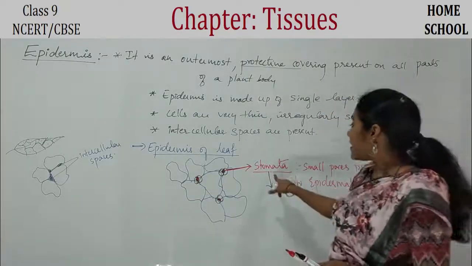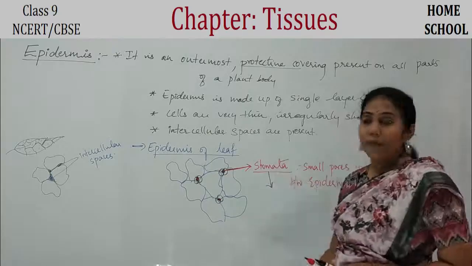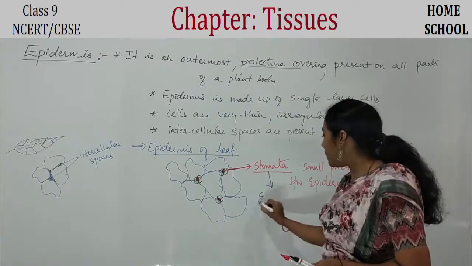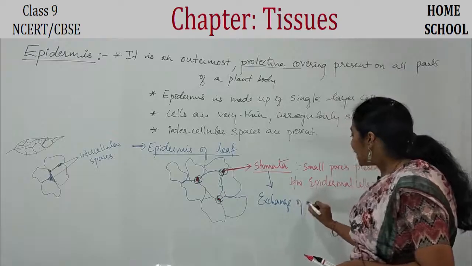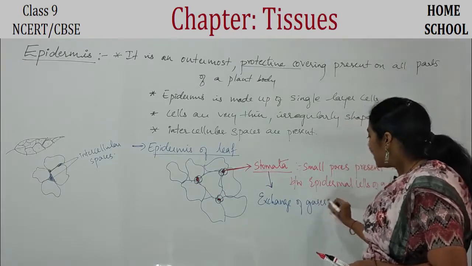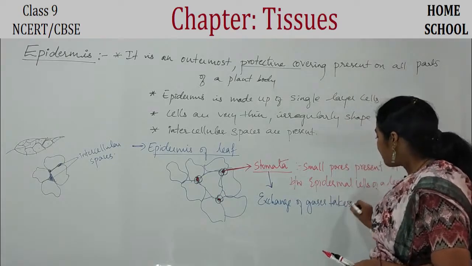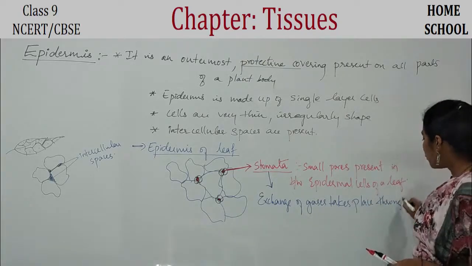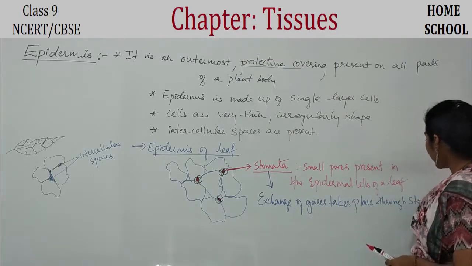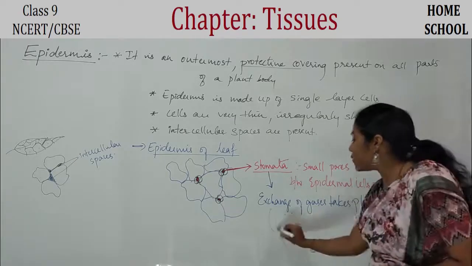So now let us write the use of stomata. So what happens in stomata? Exchange of gases takes place through stomata. Okay, exchange of gases in the sense what, guys?